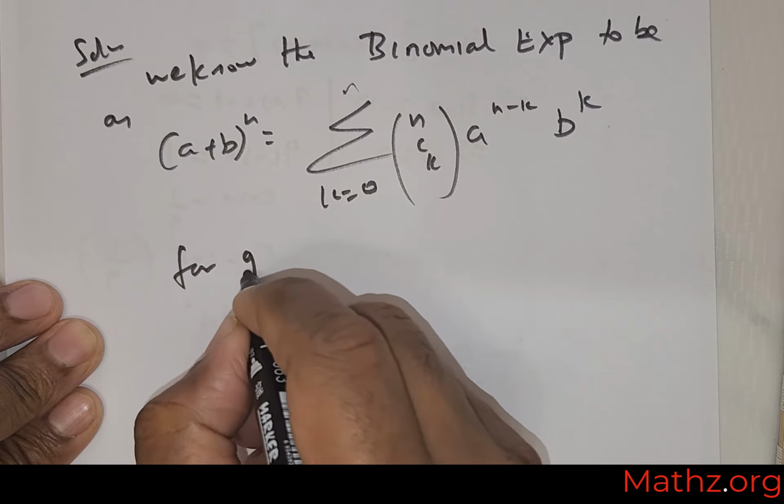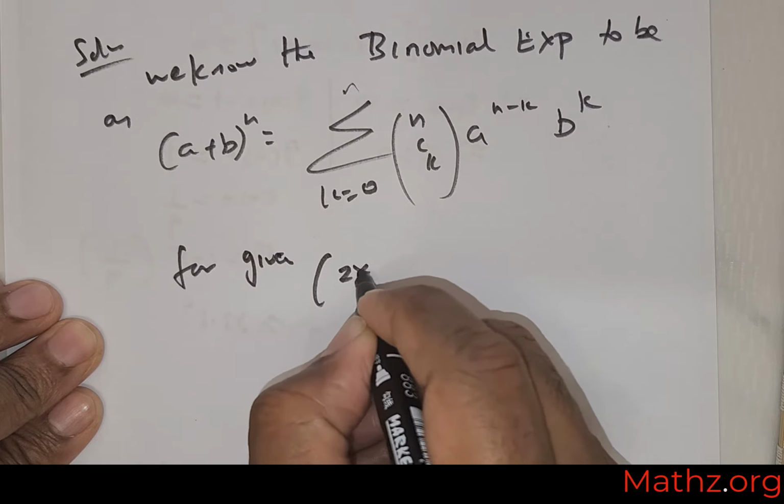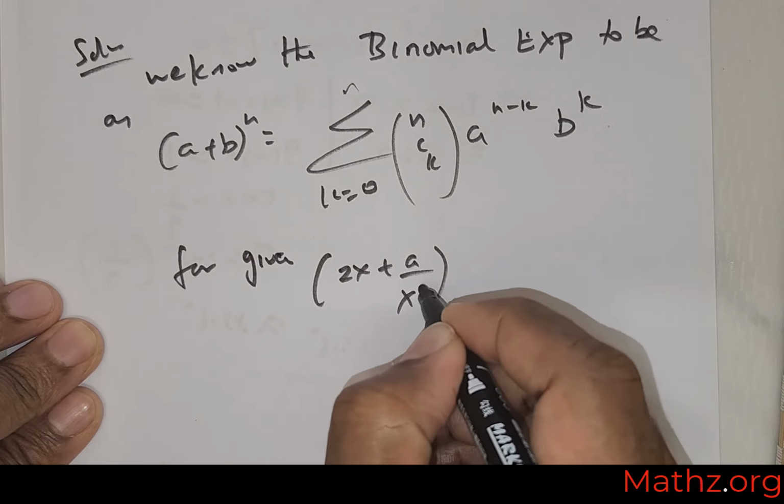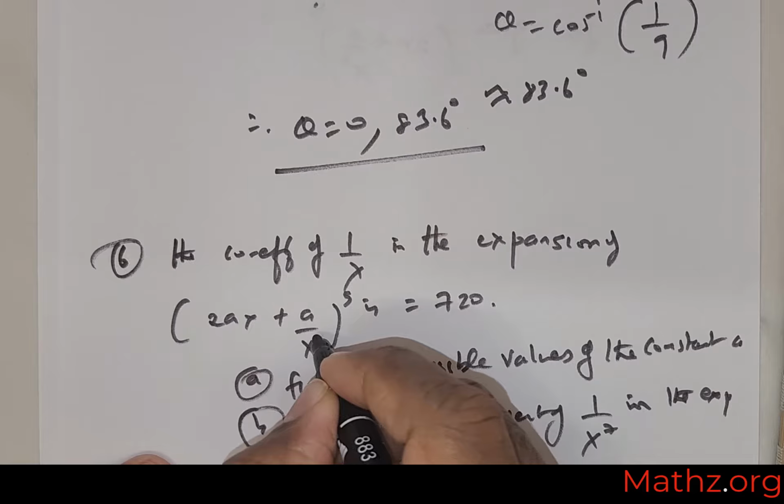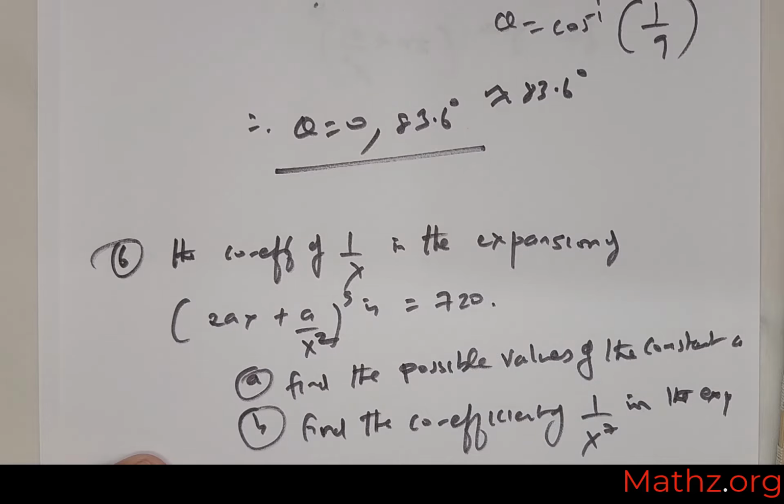Now for the given, what is given? (2x + a/x^2)^5. I just want to make sure I place x squared here. Okay, so this is x squared.